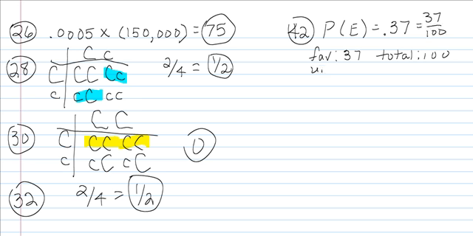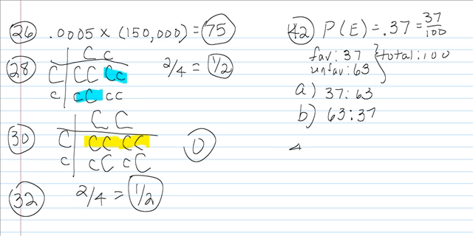So that means the unfavorable, in order to get a total of 100, would have to be 63. Okay, so in 42, the odds in favor of E would be 37 to 63. That's part A. Part B, the odds against E would be 63 to 37. And that's all we have.